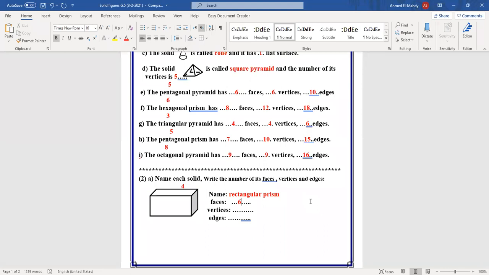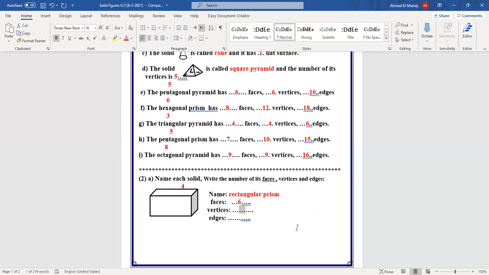How will you find the number of vertices? Sorry? I can't hear you.